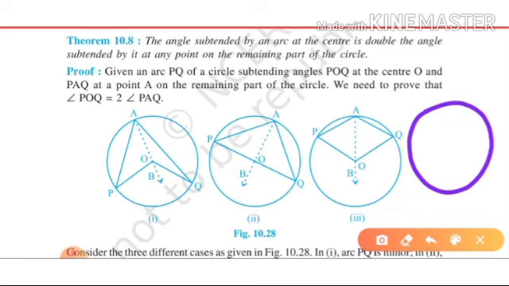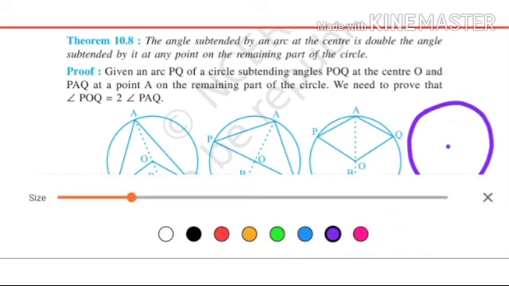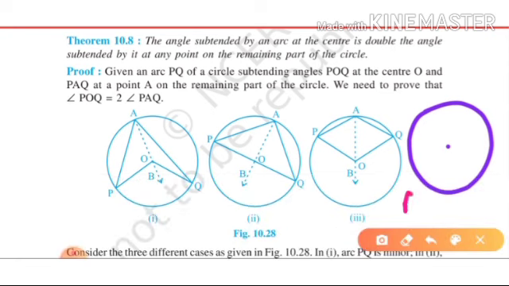if you take a circle and say this is the arc AB, from here to here, with two points A and B, it subtends an angle at the center O, that is AOB.